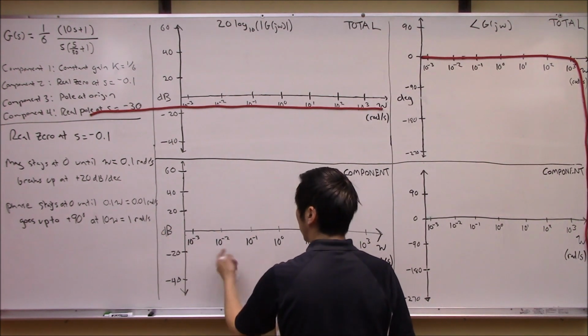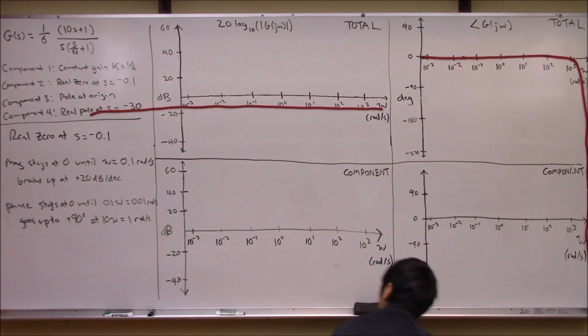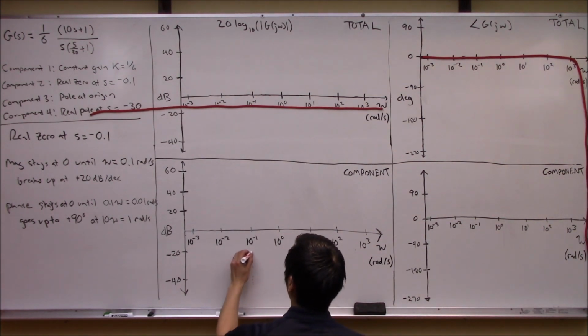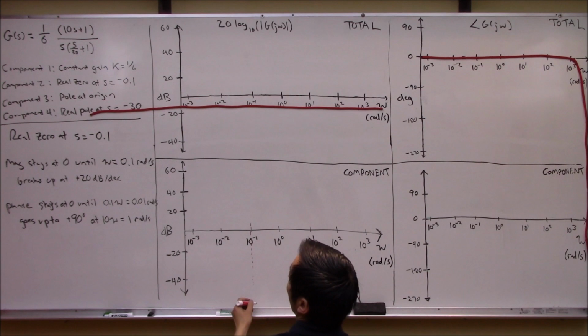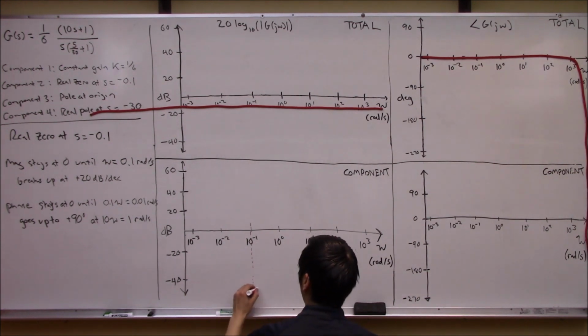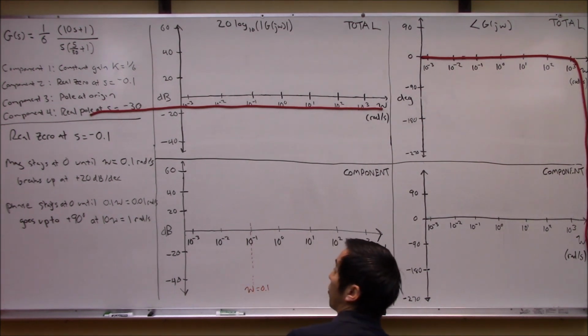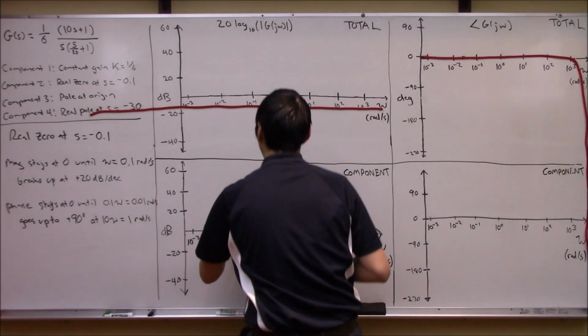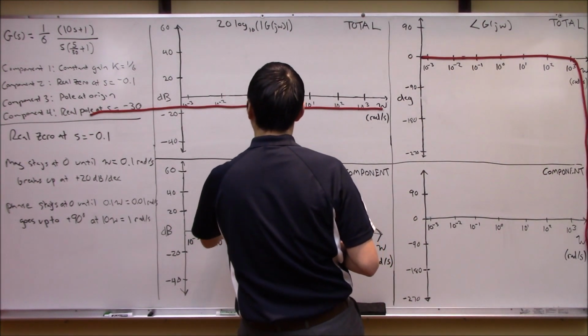So tell you what, maybe it will help us if we sketch out again. Here is omega of 0.1 rad per second, which is the 0 location here, right? So maybe what we should do is follow this all the way up.